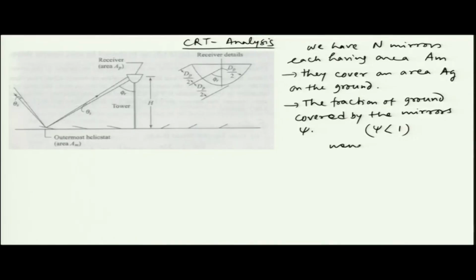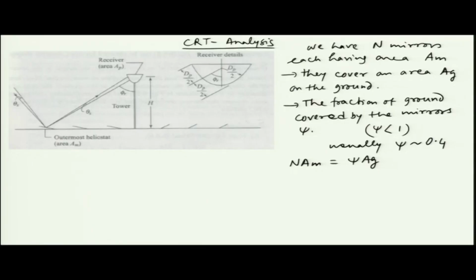Usually psi is around 0.4. Only 40% of the ground is covered by the mirror area. So, now what we can write is n times AM will be psi times AG, right. So, of the mirror area, only a psi fraction will cover the ground.